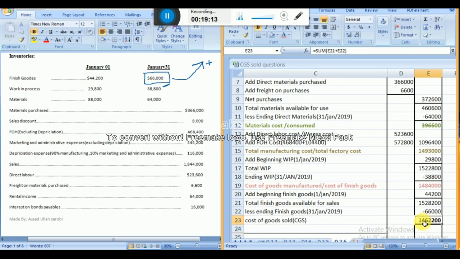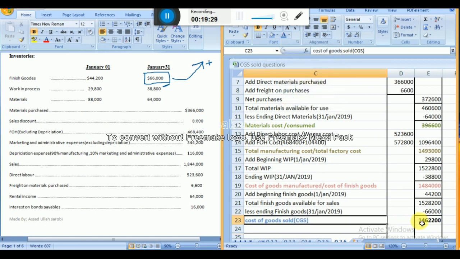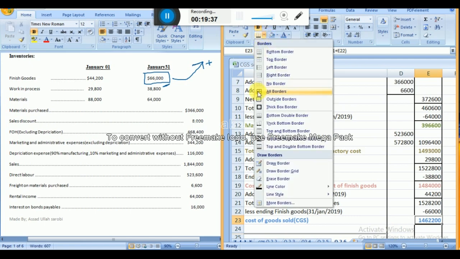The 14,62,200 goods we sold out. So this is the cost of the goods sold of the month of January.